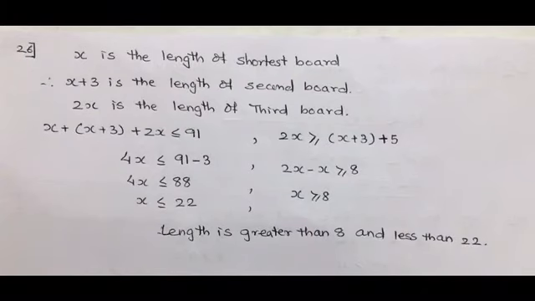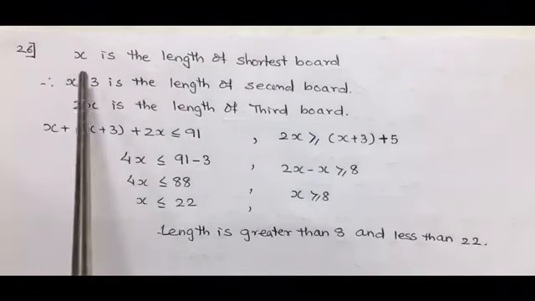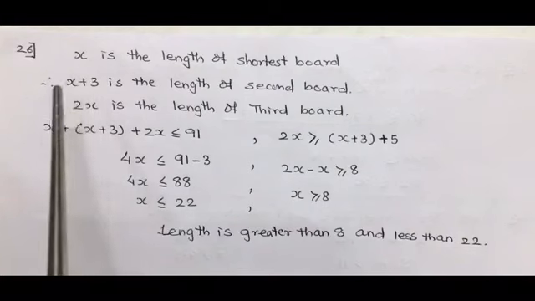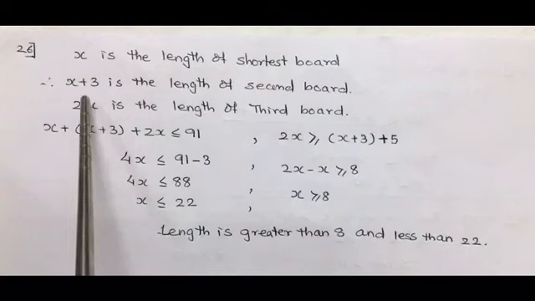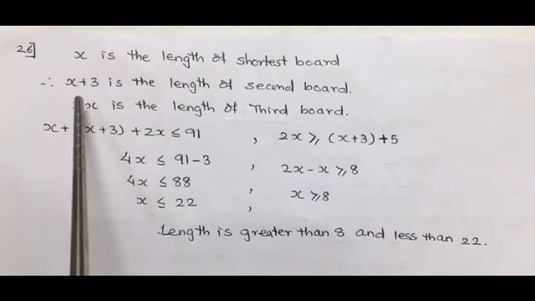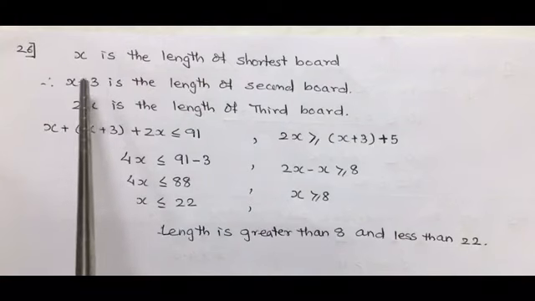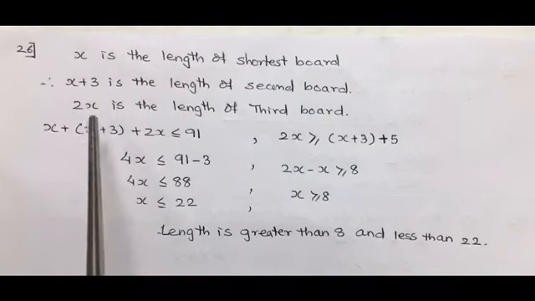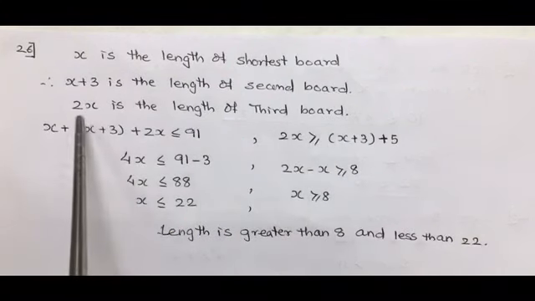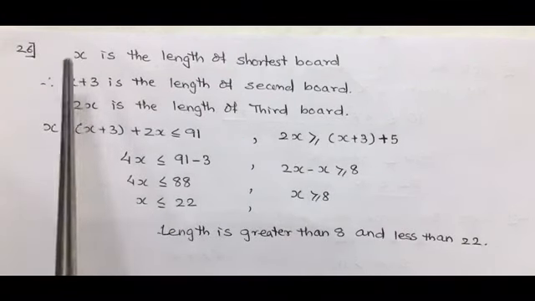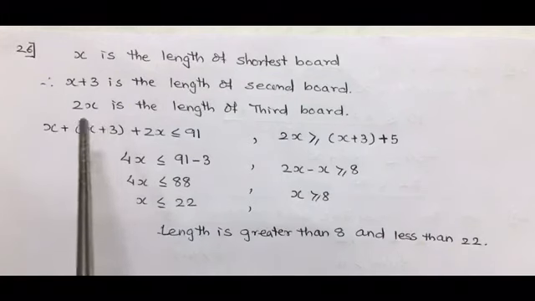Now we have to calculate the shortest side here. So taking the shortest side as x, the second board is measuring 3 centimeter longer than the shortest, so it becomes x plus 3. And the third piece is measuring twice the shortest, so it becomes 2x.